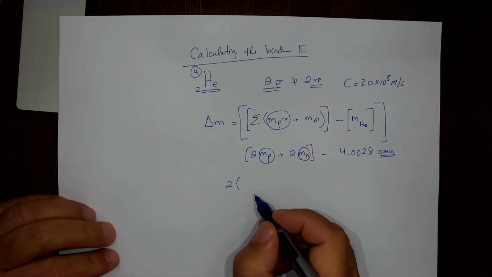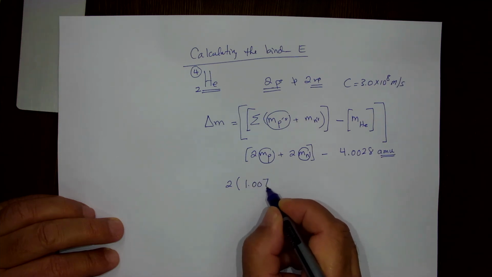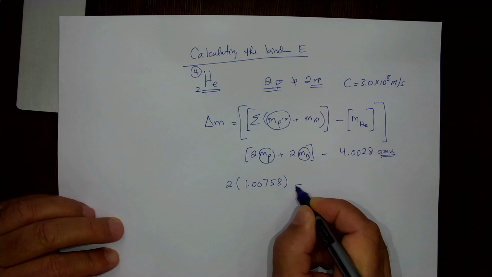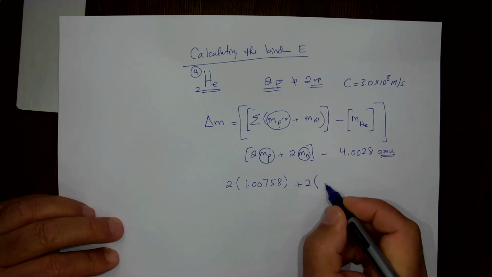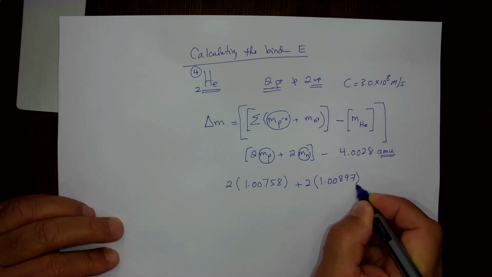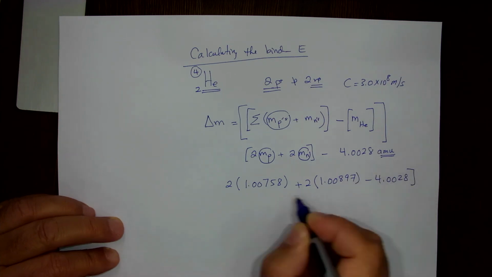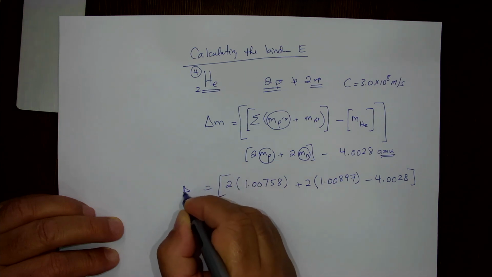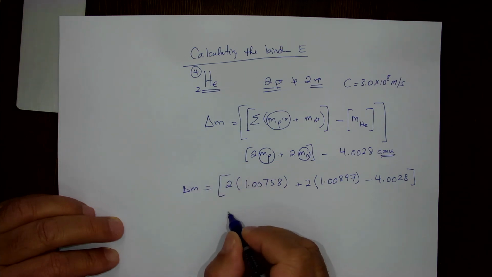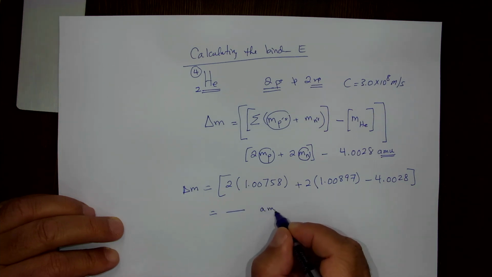So 2 times the mass of the proton, which in atomic units is 1.00758, plus 2 times the mass of the neutron, which is 1.00897, minus 4.0028. So that will give me delta M. And of course, this will be in AMU, the atomic mass unit.